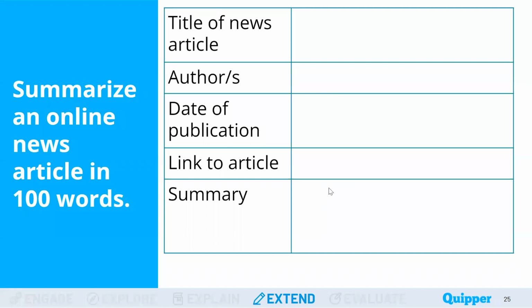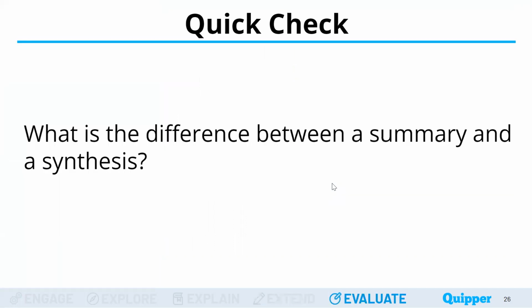If meron tayong link, lalo na kung nasa site naman siya, and then yung summary ng news na yun. Quick check, what is the difference between a summary and synthesis? Okay, parang yung synthesis kasi is parang consolidation na lang ng summary.